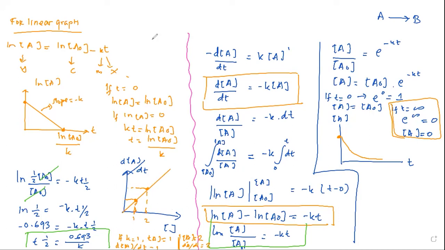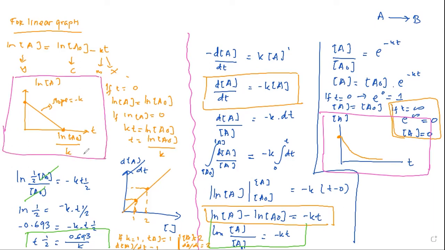So we have finished learning about the integrated rate law for the first order reaction, and this produces this type of graph: concentration A versus t. ln concentration A versus t will produce the linear graph, and the graph of dA over dt, the rate, versus concentration will produce this graph.